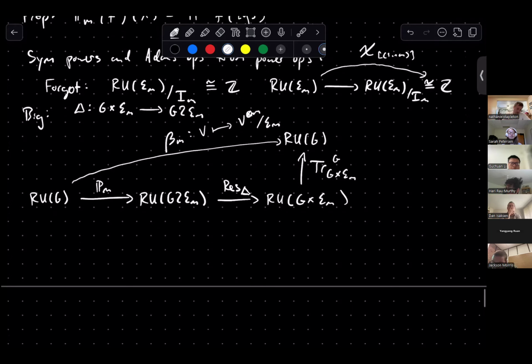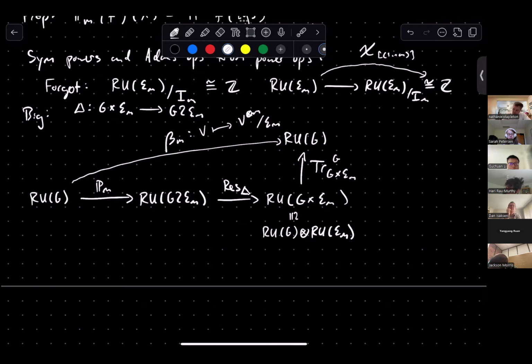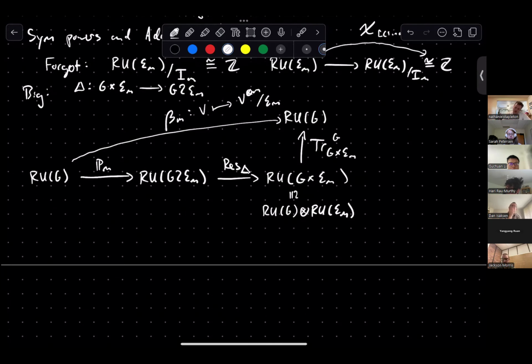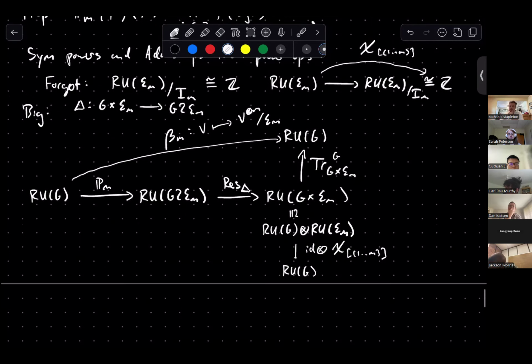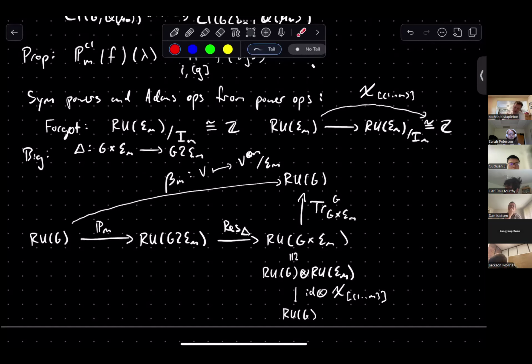On the other hand, I can remember that I've got this Knuth isomorphism. And here, I can get back down to RU of G by taking the identity on the left side and tensoring that with chi, the character evaluated on the long cycle. And because of this discussion right here, we see that this map factors through modding out by the transfer ideal.